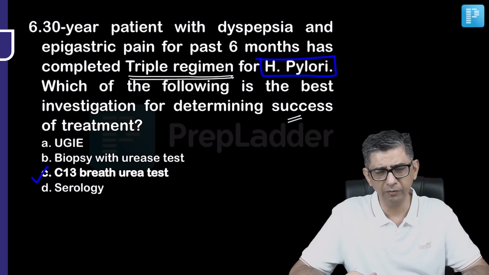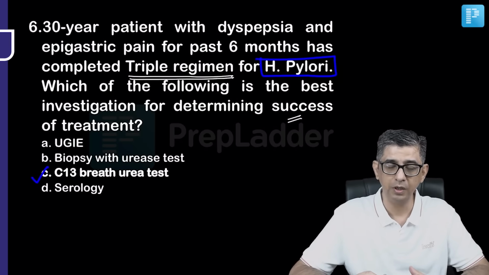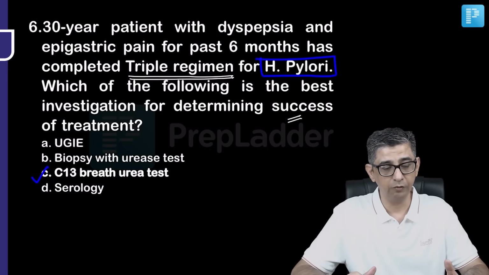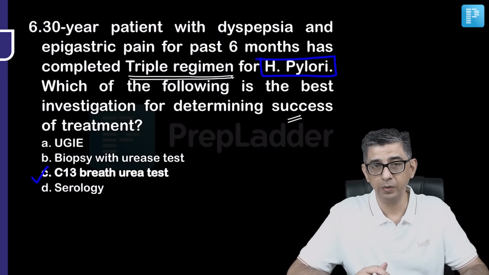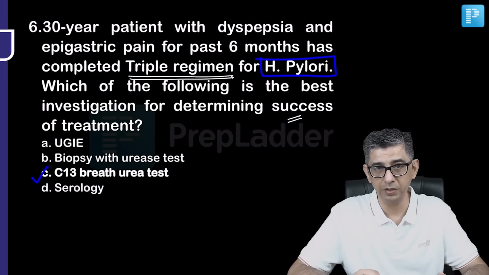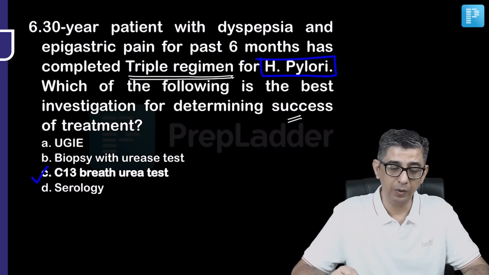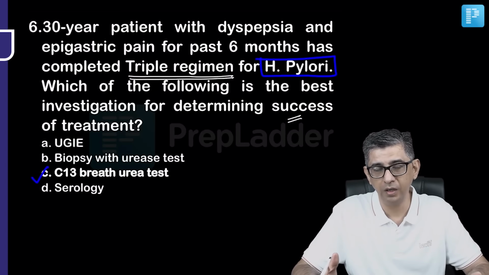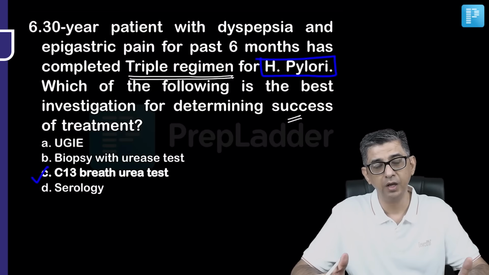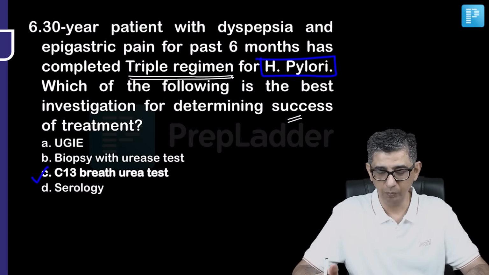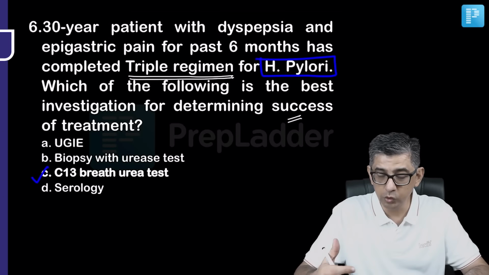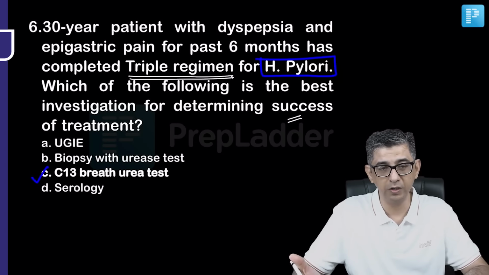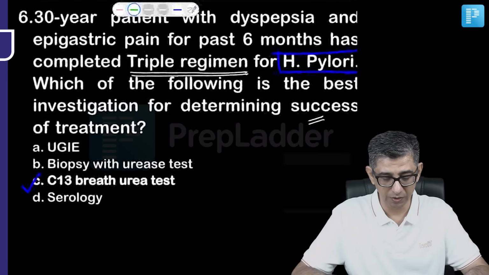Forget about the cost, forget about the cost of local anesthesia, forget about the risks that could be present in a patient when you are giving propofol, like aspiration. The point is, the person will usually not give consent to getting two endoscopies done over a gap of, let me say, 1 to 2 months. Most of the patients would be more comfortable with a non-invasive investigation.